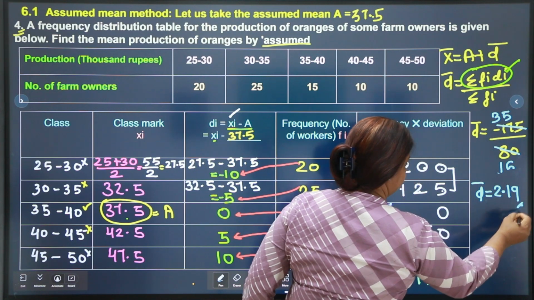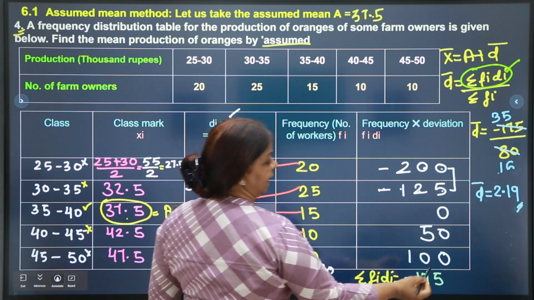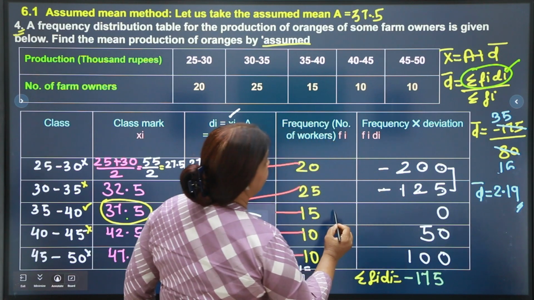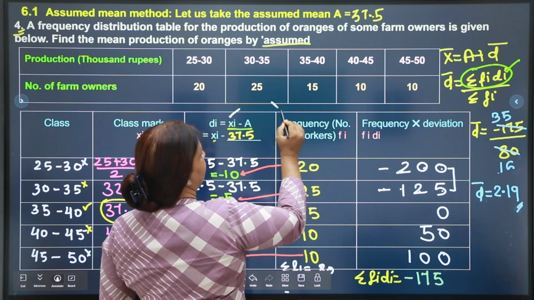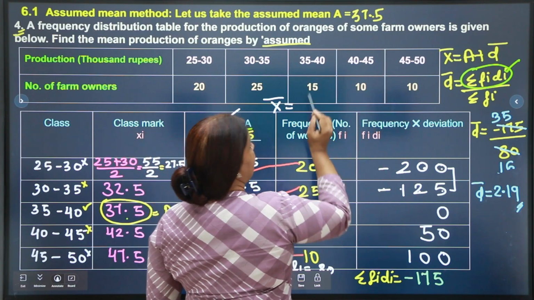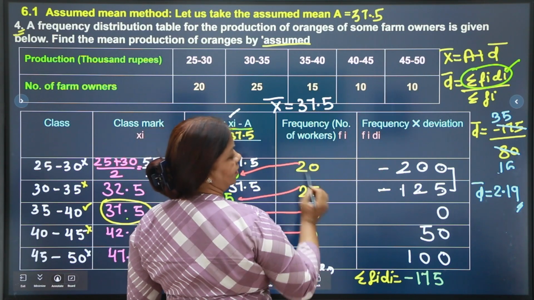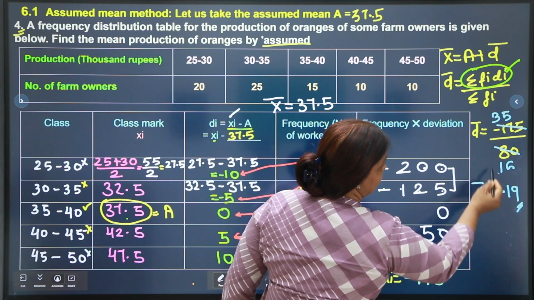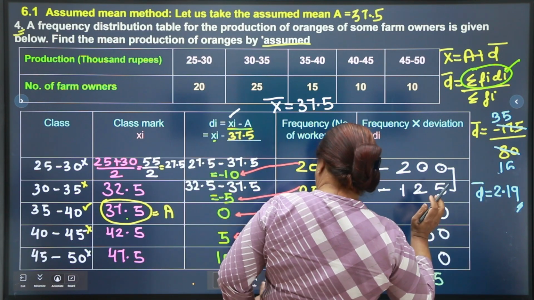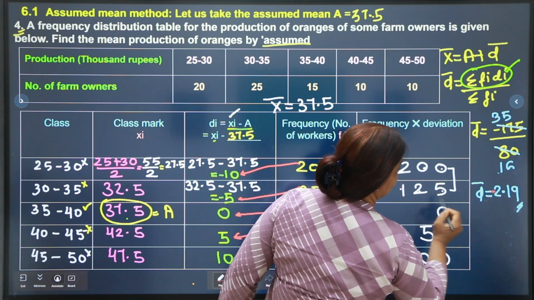So bar D is 2.19. Now we know bar D and we know A. We can find out bar X. So bar X is equal to A plus bar D. A value is 37.5 and this is minus, children. This value is negative sign. It is having negative sign, okay.